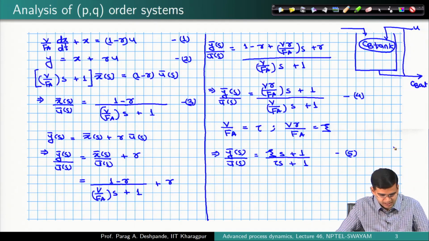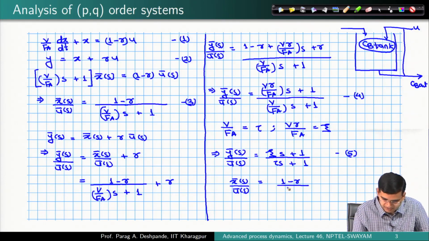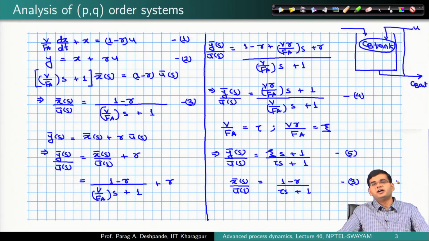And let us compare equation number 5 with equation number 3. So, I have x bar of s upon u bar of s, and this is equal to 1 minus r divided by tau s plus 1. This was equation number 3. So, now I need to ask this question: can I comment upon the dynamics of the system?